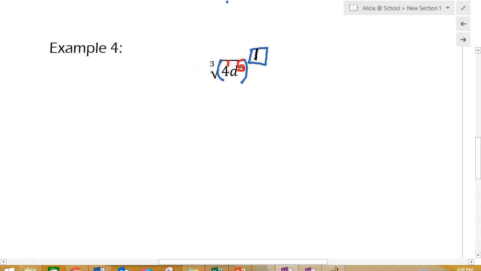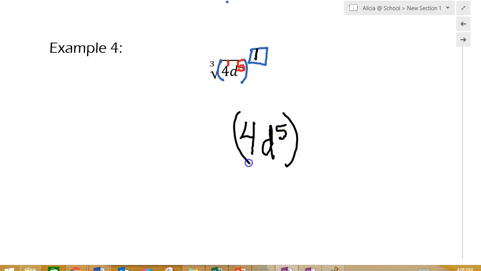So anytime your base doesn't have parentheses, go ahead and put it in parentheses and give it a power of 1. Only because when we rewrite that, I need to keep my base all together. 4D to the 5th was the whole base. Now I go ahead and rewrite my new exponent as a fraction. My numerator comes from that exponent that we have out there, which is a 1.